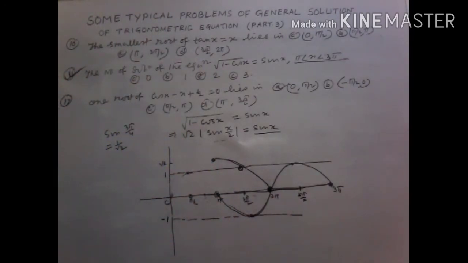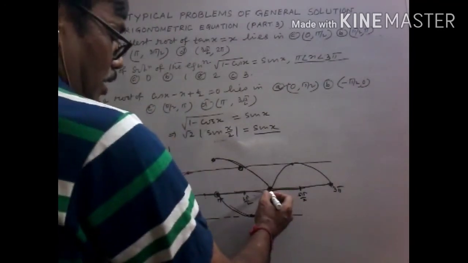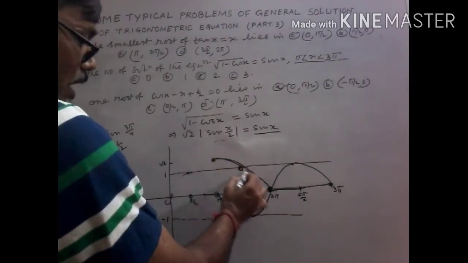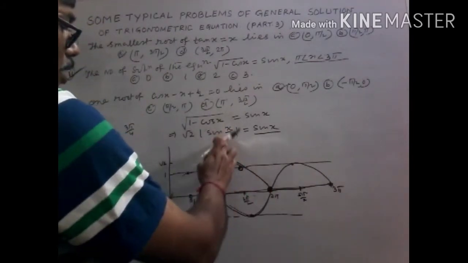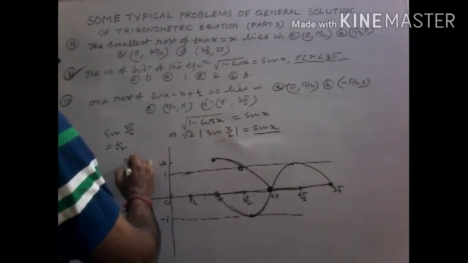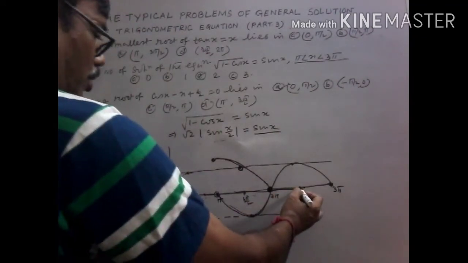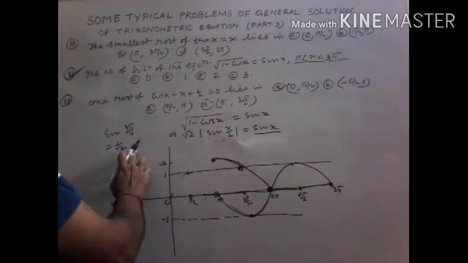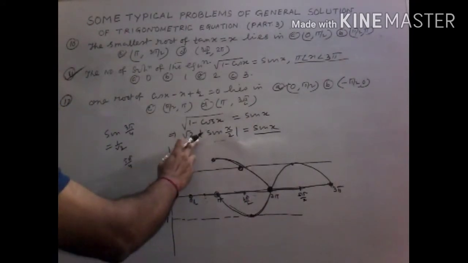No need of drawing this one. And look, for this interval we have drawn up to 5 pi by 2. So for 5 pi by 2, this is 5 pi by 4, sin 5 pi by 4 is minus 1 by root 2.